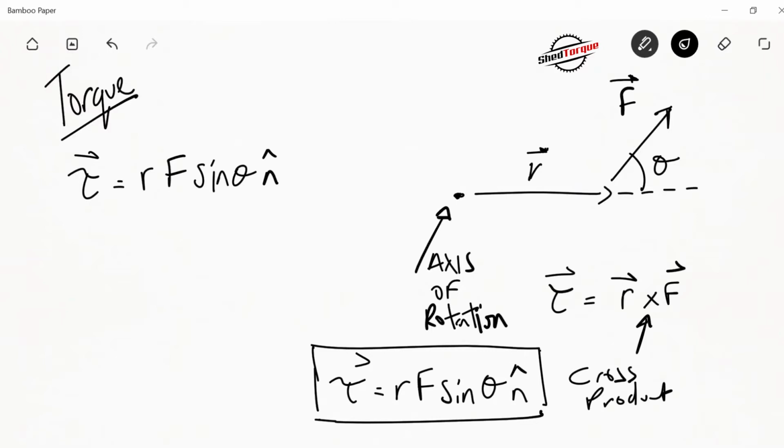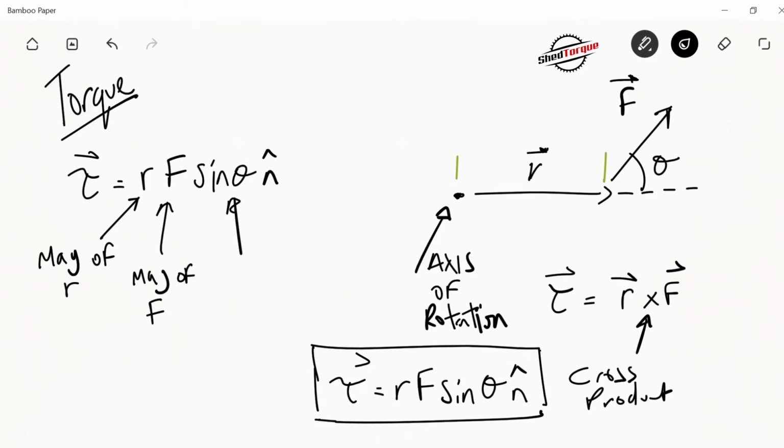Okay, so the first one, R, that's the magnitude of R. That's the length of the door, effectively, which we can see over here. F, of course, is the magnitude of F, which is how hard you are pulling or pushing on that door.